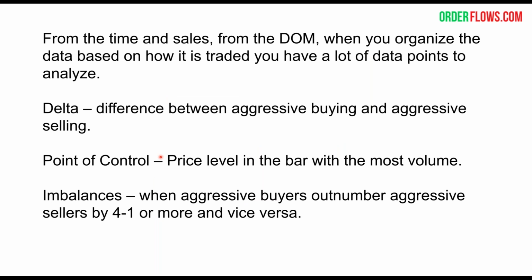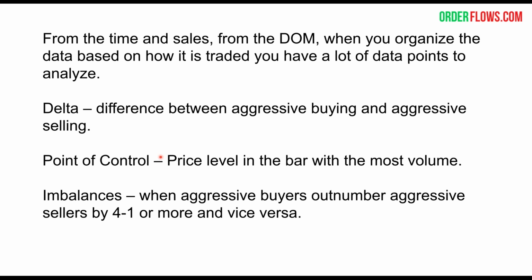But from the time and sales, from the dome, when you organize the data based on how it is traded, you have a lot of data points to analyze. And the 3 main data points from which order flow analysis all derives, in my opinion, are the delta, the point of control, and imbalances. Now, the delta is the difference between aggressive buying and aggressive selling.